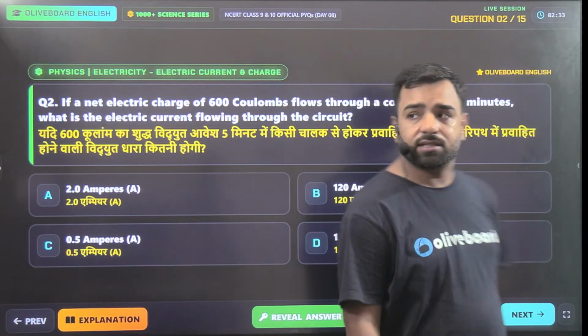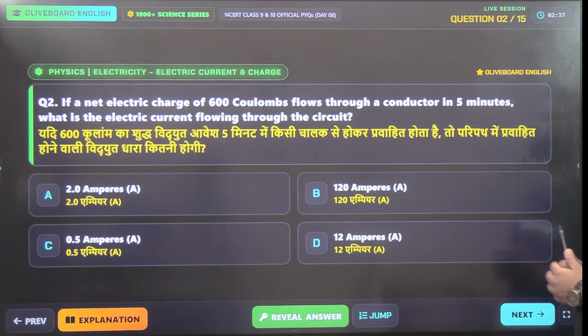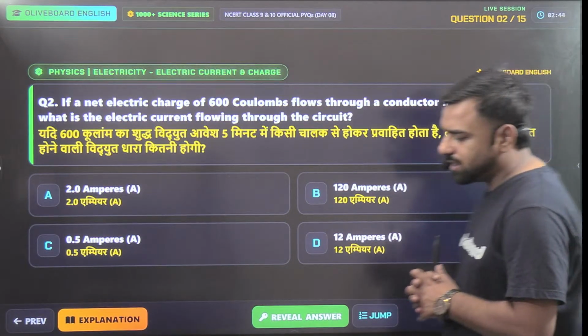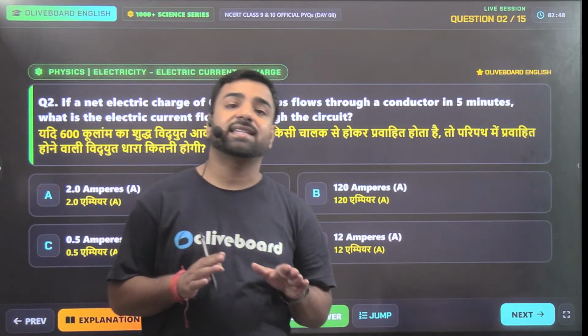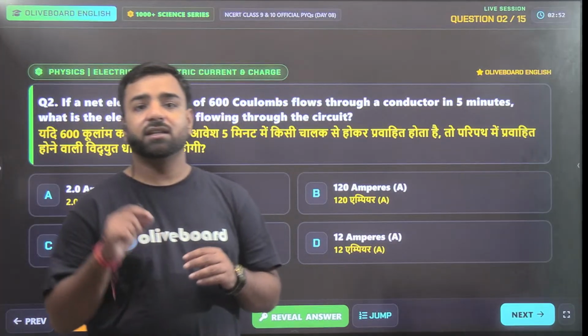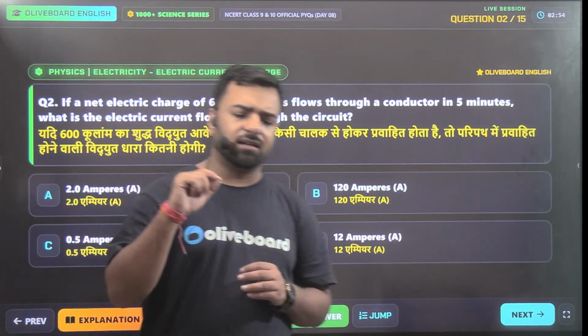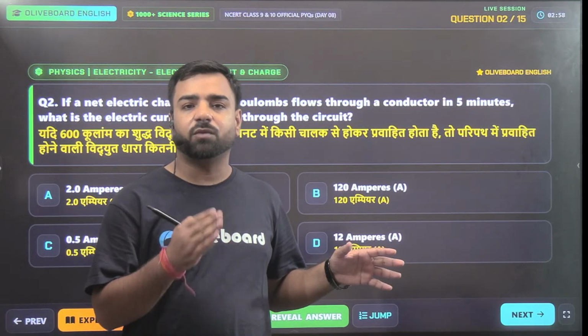The next question is, if the net electric charge of 600 coulombs flows through a conductor in 5 minutes, what is the electric current flowing through the circuit? Guys, as we know, now in the SSC examinations, you will be having sectional timing. Since sectional timing will be there, there are chances that you'll find questions from the physics section in the form of numericals.